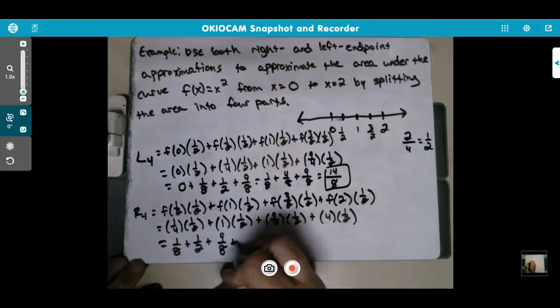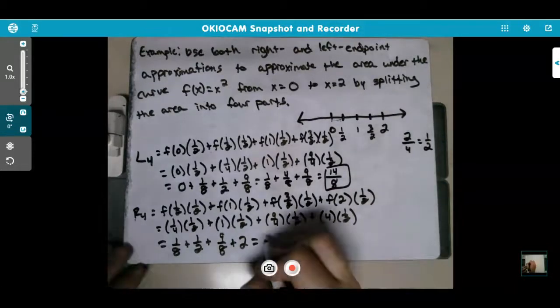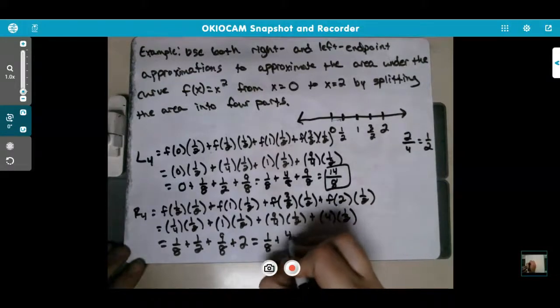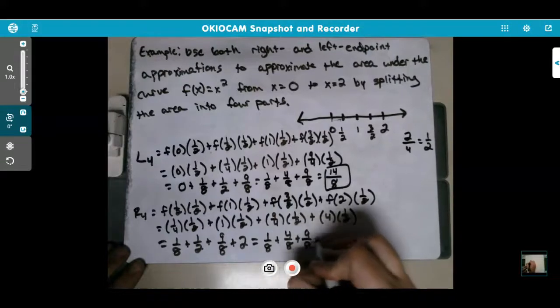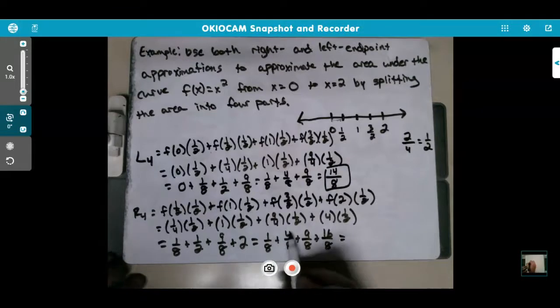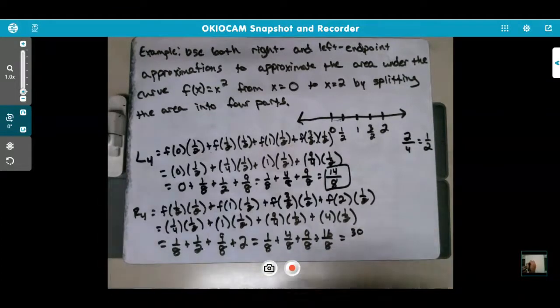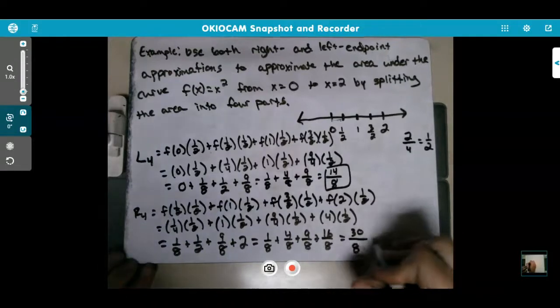And then 4 times 1/2 is 2. I need a common denominator of 8. So 1 over 8 plus 4 over 8 plus 9 over 8 plus 16 over 8. 1 plus 4 is 5, plus 9 is 14, plus 16 is 30. 30 over 8 reduces to 15 over 4.